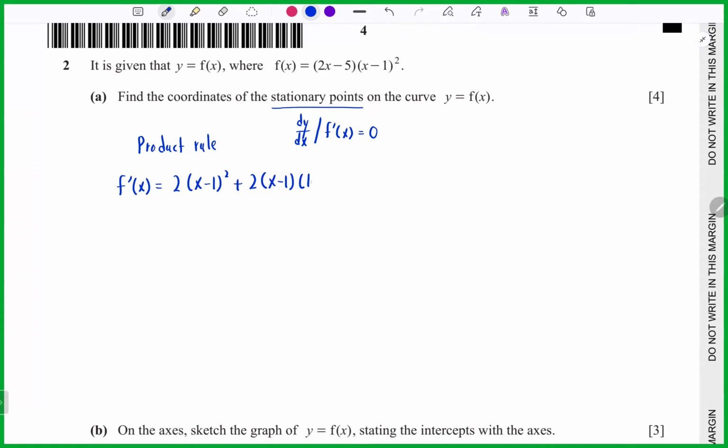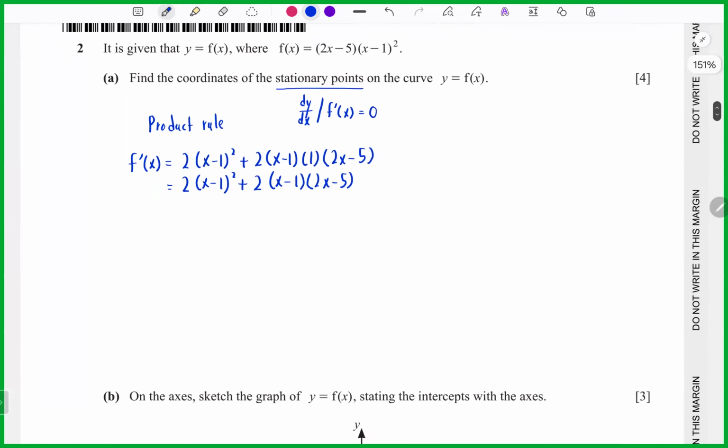So you will get 2 bracket x minus 1 squared plus 2 bracket x minus 1 times (2x minus 5). Now I can factorize 2(x minus 1), and here I will leave (x minus 1), plus (2x minus 5).